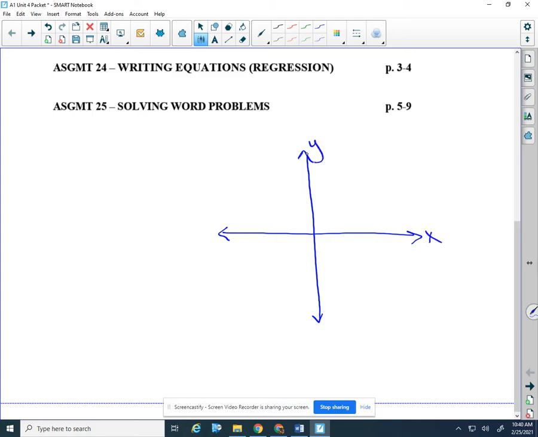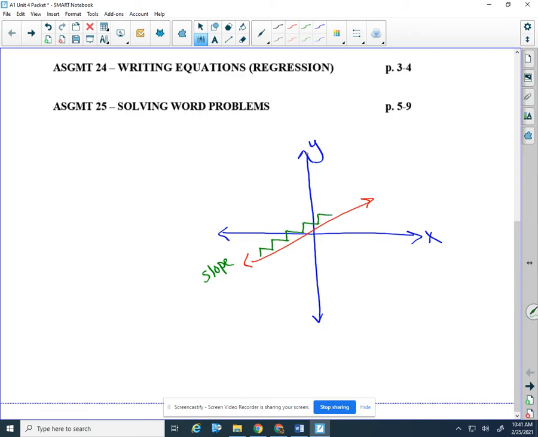So we have our X and our Y axis. And a line, yes, it's straight. It looks like this. Now, there's a couple of things that you have to know about a line. There's something called a slope, and that's how steep something is. Remember, slope is the same thing as average rate of change.